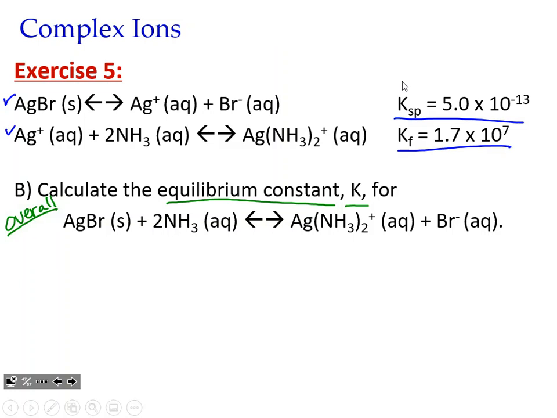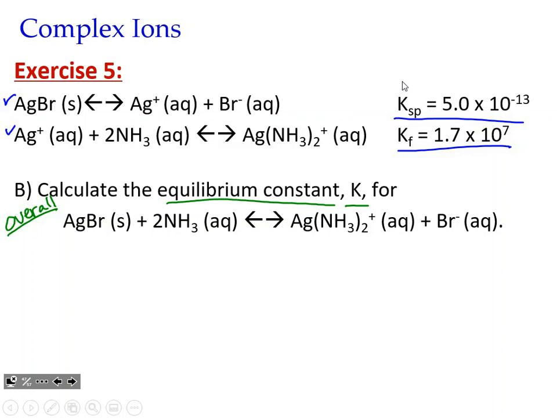Now, if we're trying to find an overall K for one reaction off of a series of smaller reactions, what are the things we are allowed to do in order to find it? If we flip a reaction, what happens to the K of that reaction? We do the reciprocal or the inverse.